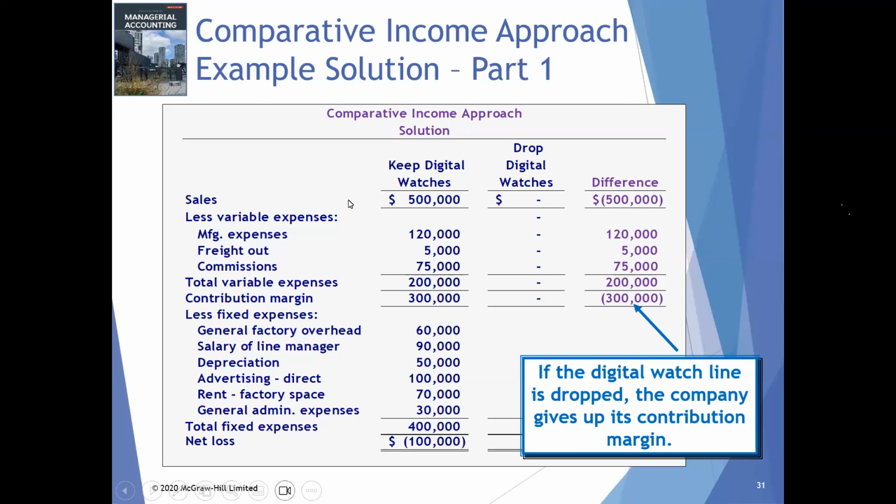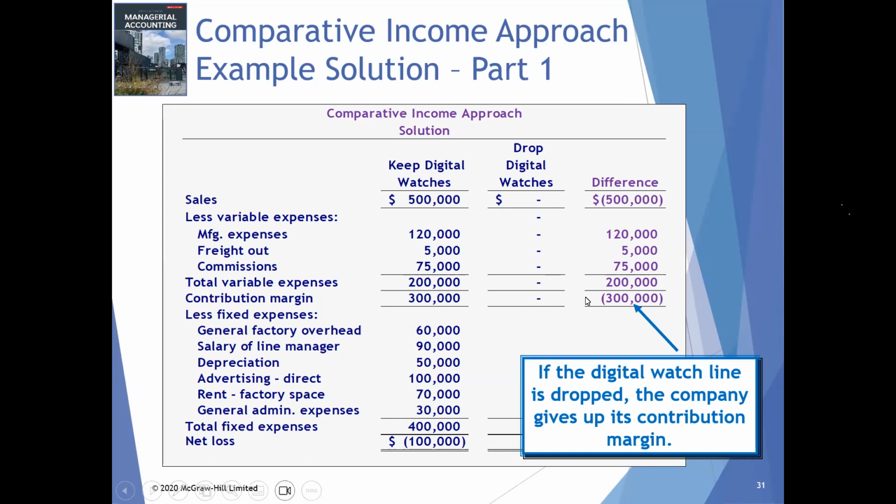First, we have the $500,000 of sales, shown in brackets as a minus, because we will not receive this money. Less variable expenditure, which we will save, so that will be positive, all these three.